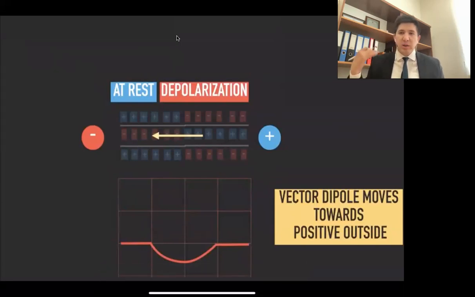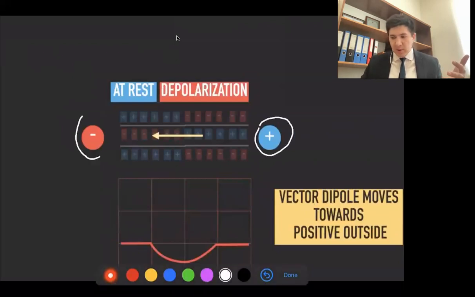If you remember, whenever there is a dipole, you've got the non-zero, non-horizontal curve, and depending on whether the dipole is moving to the plus or minus, you're going to have this curve above the x-axis or below the x-axis. Whenever there is no dipole, you're going to simply have the horizontal line again. Okay, so this is how we are going to measure the dipole. This is how we are going to trace the depolarization of all of the cells.